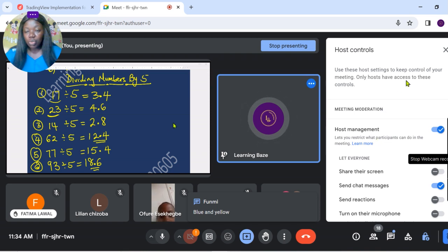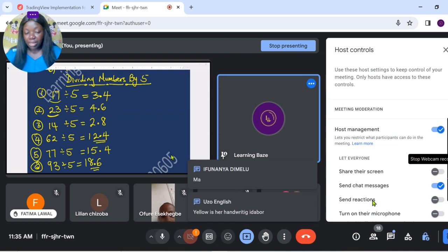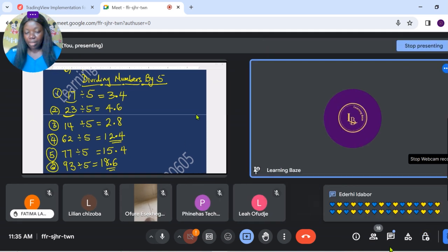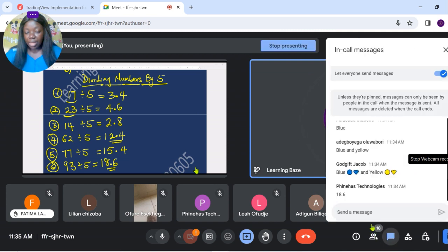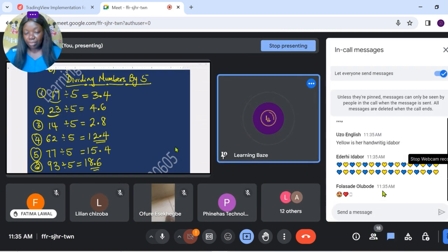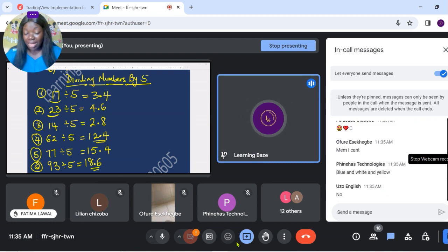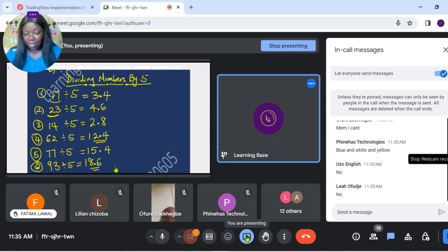So I have decided to turn everybody's video off so you don't get distracted. Okay, so you can see yellow and blue on my screen. Princess, can you see my screen? Oh, you can't still see my screen. Wow.